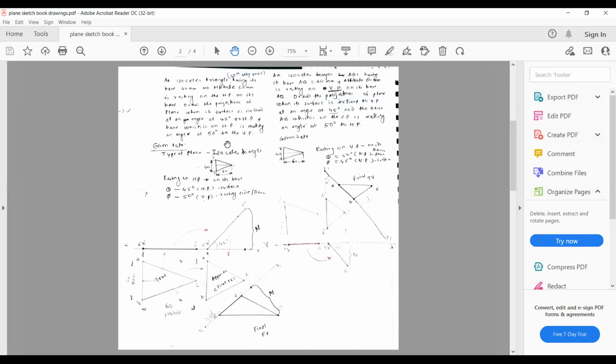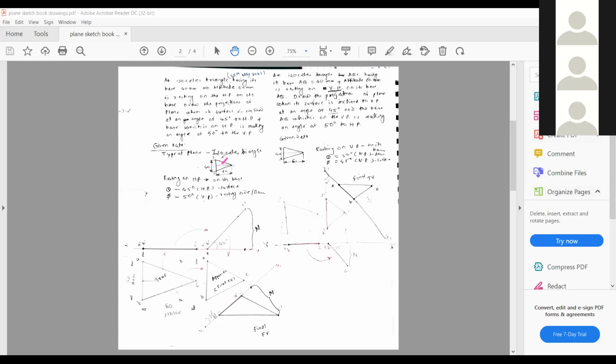Draw the projections of the plane when its surface is inclined at an angle of 45 degree to HP, and the base which is on HP is making an angle of 50 degree. So here, just for reference, I have drawn one isosceles triangle as a type of plane, for which I have given the dimensions 40 millimeter base and 60 millimeter altitude. 60 millimeter altitude is nothing but the distance from this center to this one, right?